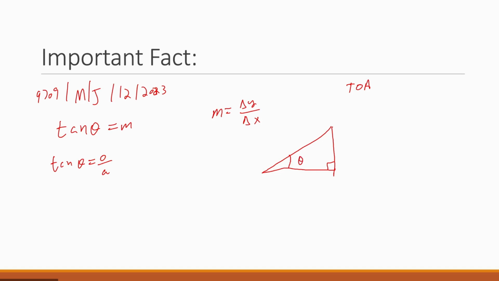In front of your angle theta is the opposite, this is your hypotenuse, and this is your adjacent. As you can already see, your adjacent is equal to the change in x, and your opposite is equal to the change in y. Now when you put it over here, you get change in y over change in x, which is basically equal to m. Students couldn't figure it out, so I thought I would discuss this fact.